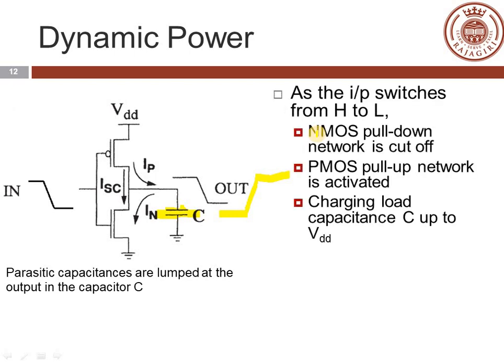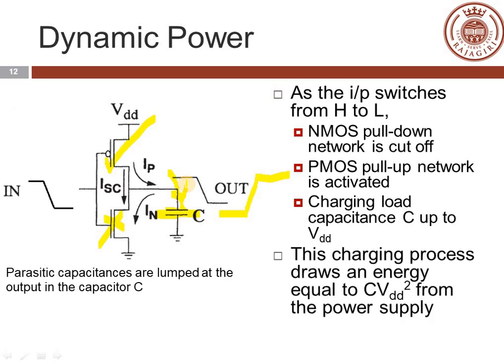As the input switches from high to low, the NMOS pull-down network is cut off, and the PMOS pull-up network is activated, charging the load capacitance C up to VDD.